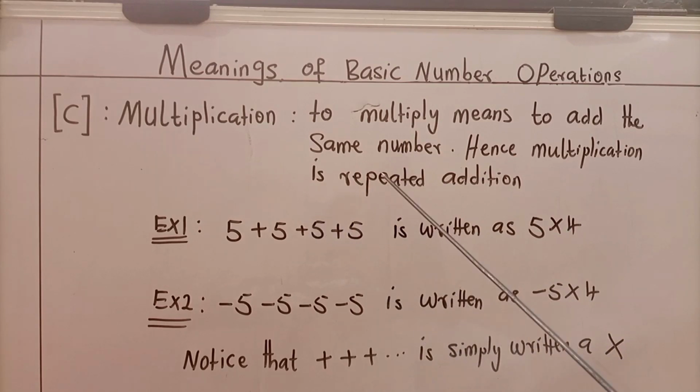Do you observe that this is a kind of addition that involves the same number? That is, are you seeing it as a repeated addition of the same number? Yes, you should. Why? Because the same 5 features everywhere. If different numbers had been appearing here, here, here, and here, then we would not have referred to this as multiplication.